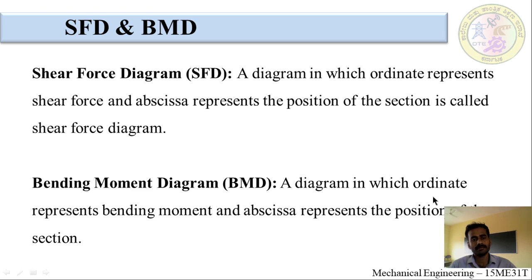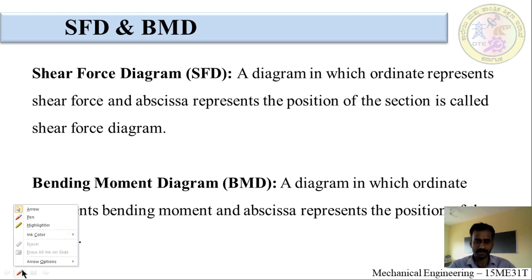So shear force diagram and bending moment diagram. What is the shear force diagram? A diagram in which ordinate represents shear force and abscissa represents the position of the section is called a shear force diagram.